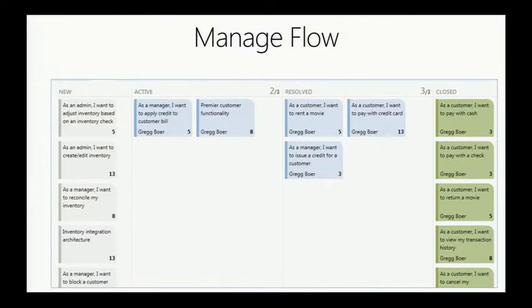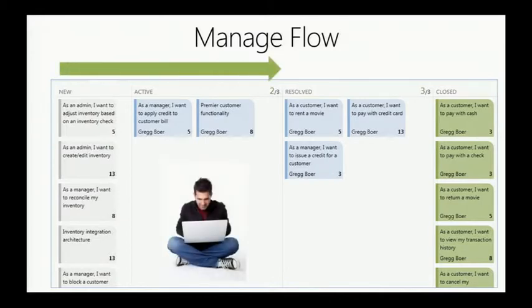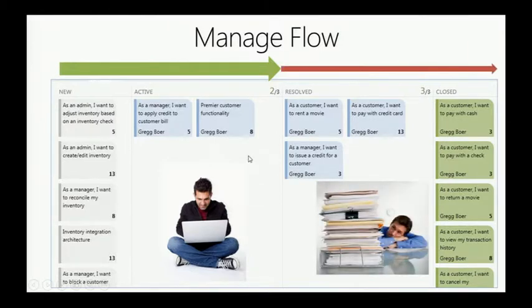So let's look at an example here. Let's imagine that we have a team, it's a development team, and the developers are really rocking out the code and getting stuff done. And they're done with these things, and they have a choice of saying, well, I could go ahead and move this into the resolve state and pull another item off the new list and start working on it. But let's look at where our testers are at. Our testers are overloaded. And it doesn't matter how fast the developers get their work done.